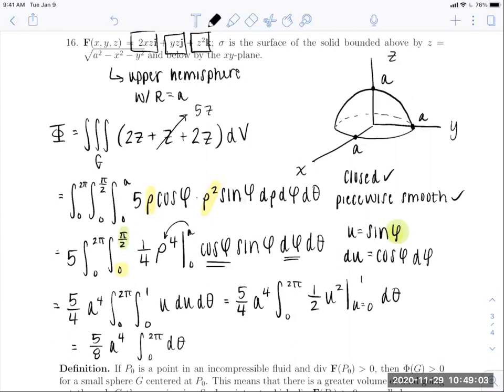And so that's just going to pop out a theta from 0 to 2 pi. And so my final answer here is going to be, cancel out a 2 everywhere, 5/4 a to the 4th pi. All right, and so this is the flux of F across that hemisphere there.